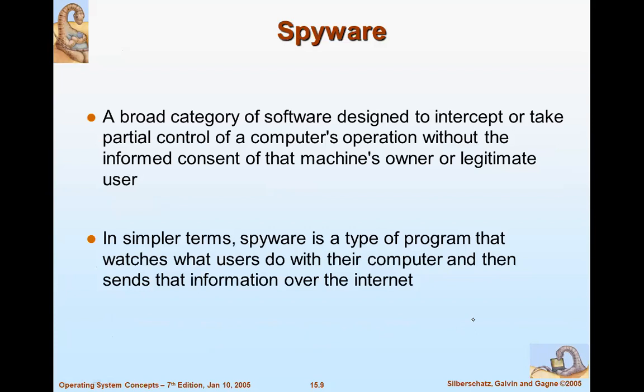Another one is spyware, a broad category of software designed to intercept or take partial control of a computer's operation without the informed consent of that machine's owner or legitimate user.